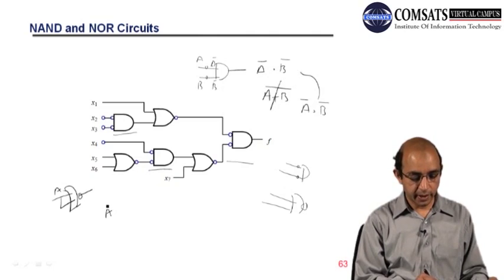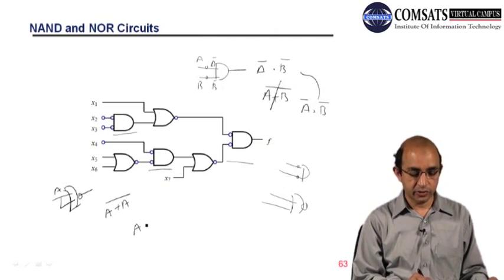A bar, A plus A whole bar, right? So we have changed the line, break the line, change the sign, right? So instead of addition, I have multiplication or AND operation. Sorry, A bar, right? So I will be having A bar.